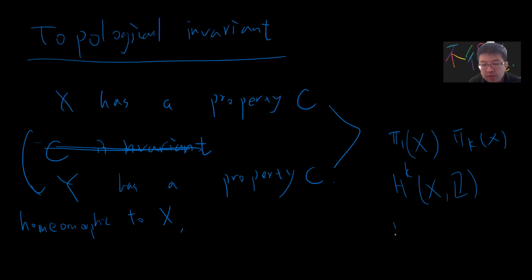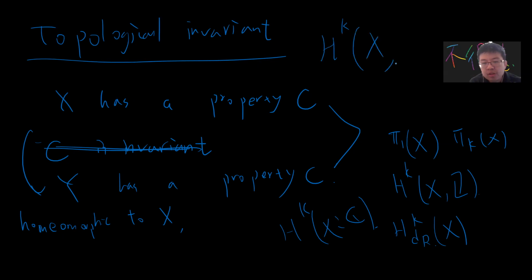If your X is a manifold, you can talk about de Rham cohomology, and you can also change the coefficients Z to something else. More generally, if you learn algebraic geometry and someone gives you an algebraic variety, you can take any sheaf and ask about the sheaf cohomology on it. There are a lot of versions.